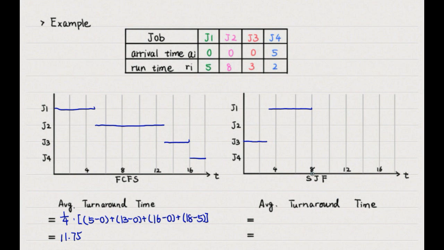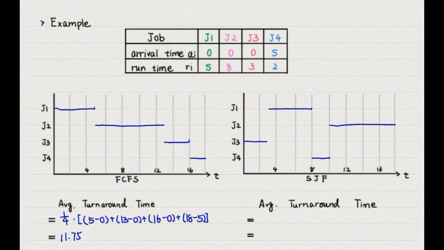Now at time t equals 8, J2 and J4 have arrived, and J4 has the shortest runtime of 2, so we run J4 for 2 seconds from 8 to 10. Now the only job remaining is J2, so we run J2 for 8 seconds from time t equals 10 to 18.